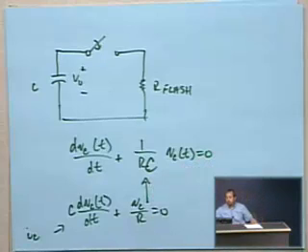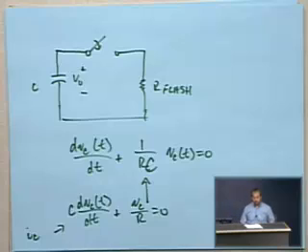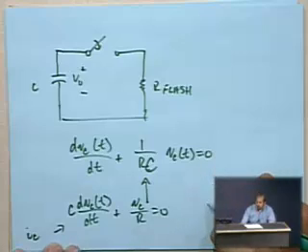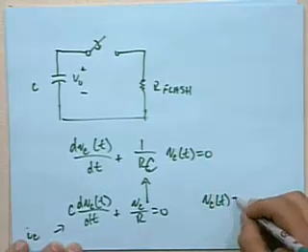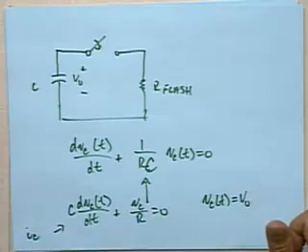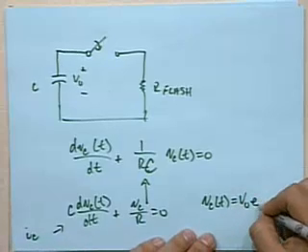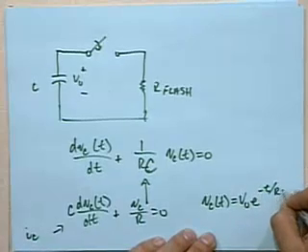And what you may recognize that as being is a first order differential equation with a solution of the form that the voltage across the capacitor with respect to time is some initial voltage V0 times e to the negative t over RC.